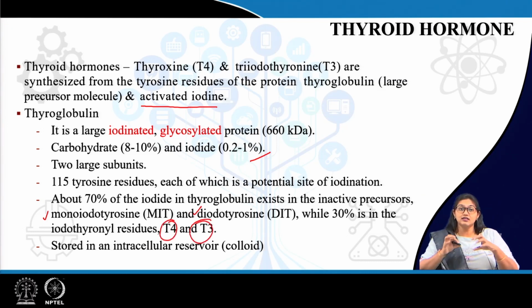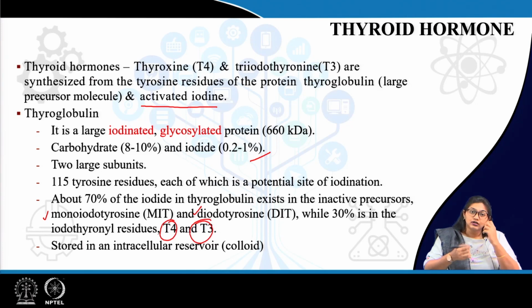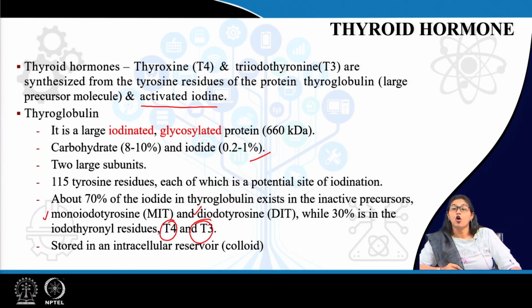Thyroglobulin along with monoiodotyrosine, diiodotyrosine, T4 and T3, they all are stored in the colloid. This colloid is the storage of thyroglobulin as well as thyroid hormones.